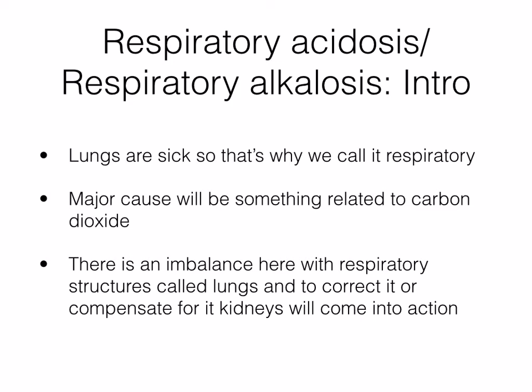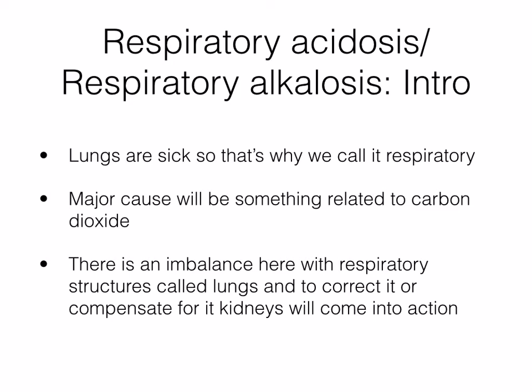So they will secrete more base, and they will excrete hydrogen. They don't want the body to have more acidic content, because they also have this chemical hydrogen, which makes the body more acidic. So they will let their hydrogen go, and they will start secreting more of their bicarbonate to compensate for too much acidity caused by the sick lungs.